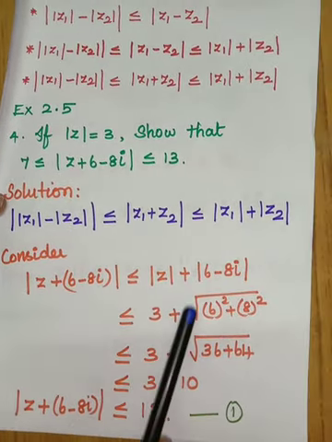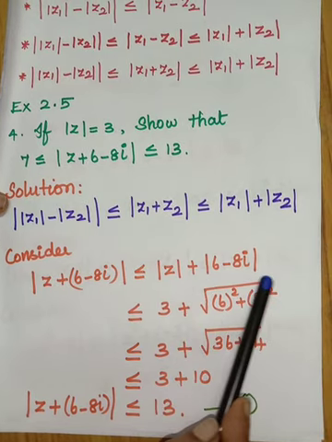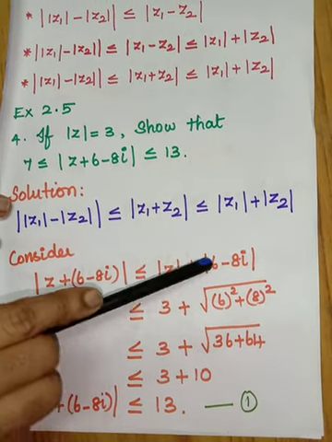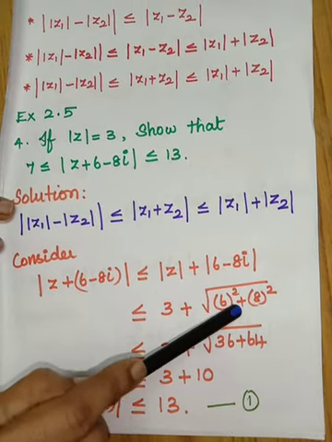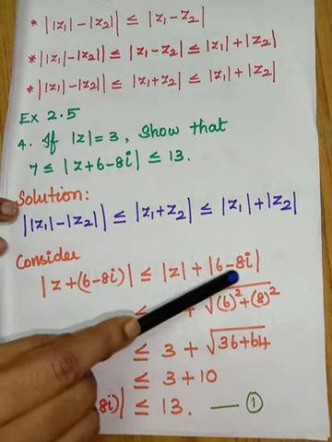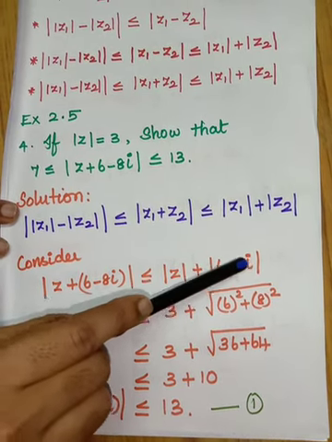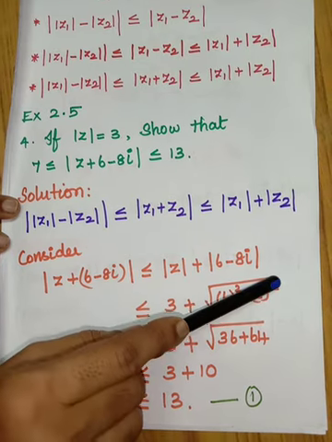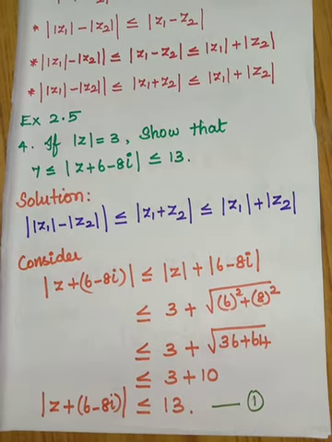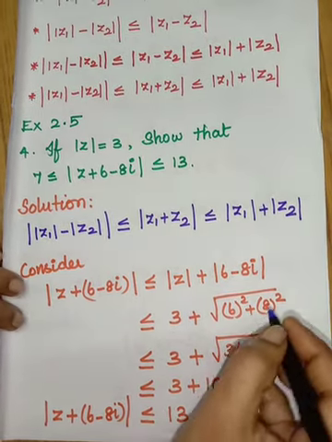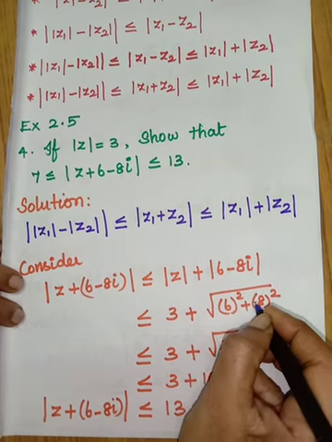How to take the modulus of this complex number? The modulus is nothing but the square root of the real part the whole squared plus the imaginary part the whole squared. What is the imaginary part here? It is minus 8. So minus 8 the whole squared is 64. Here you have to write minus 8 the whole squared.